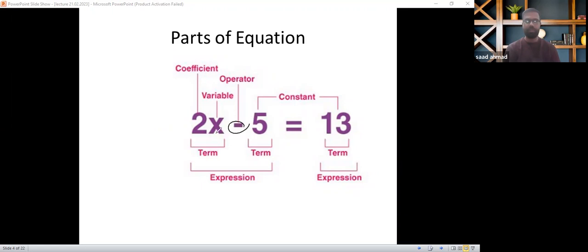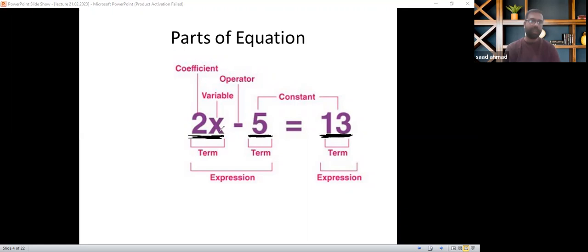So these ones, plus, minus, multiplication, division, whatever these are, we call them operators. This one is the variable, and the numbers without a variable, which do not have any variable with them, we call constants. 5 is a constant, 13 is a constant, because this term cannot change. 5 will remain 5, 13 will remain 13, but this 2x will change depending on x.